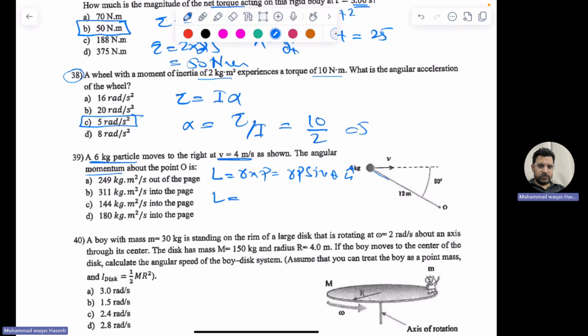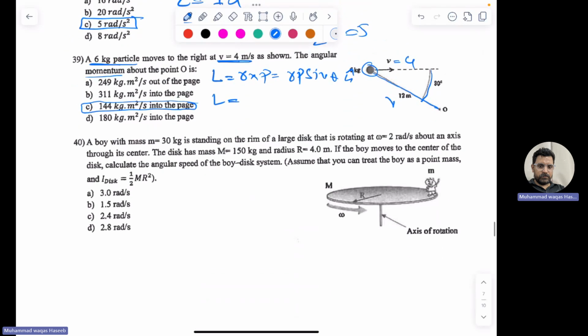This is your r. You have v, you have m, and you have theta. And if you apply your right hand rule, the answer will be 144 into the page.